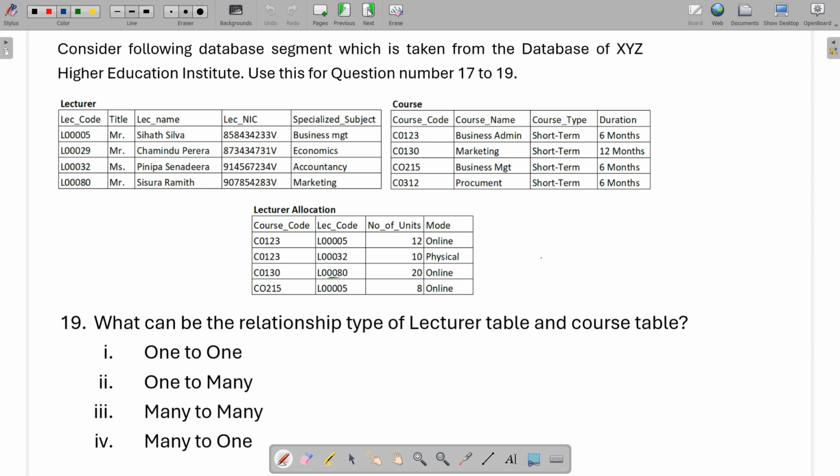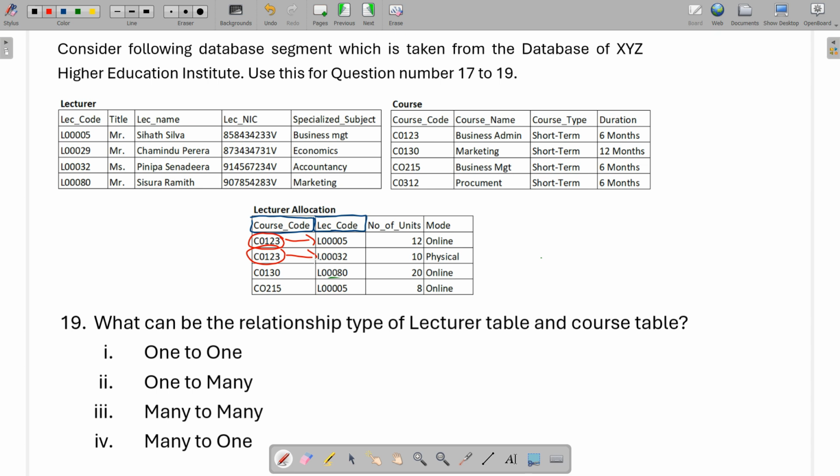So in these three tables we can find foreign keys only over here, course code and lecture code, and that will help you to figure out whether this is a many to many, one to one, or one to many relationship, right? If you look closely, you can see CO123 and CO123, the same course code has different lecture codes.